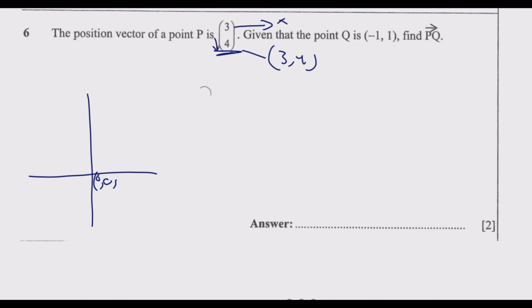So let us assume that this point is somewhere here. Then we have (-1, 1), which is in this direction. So let us assume that because this is positive, it's somewhere here. So this is Q, then this is P.